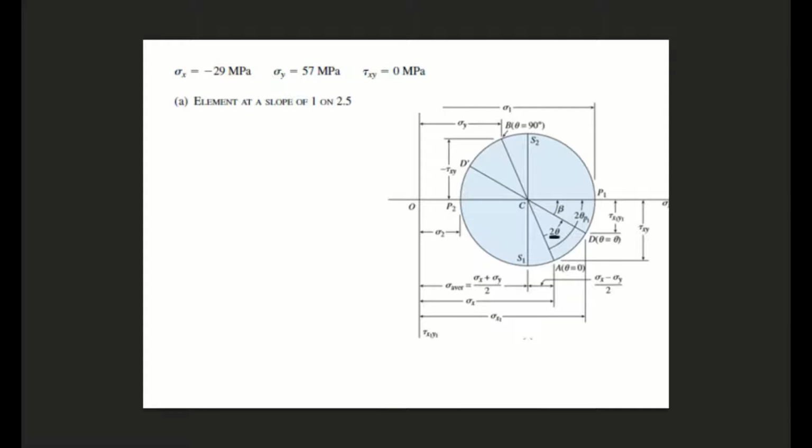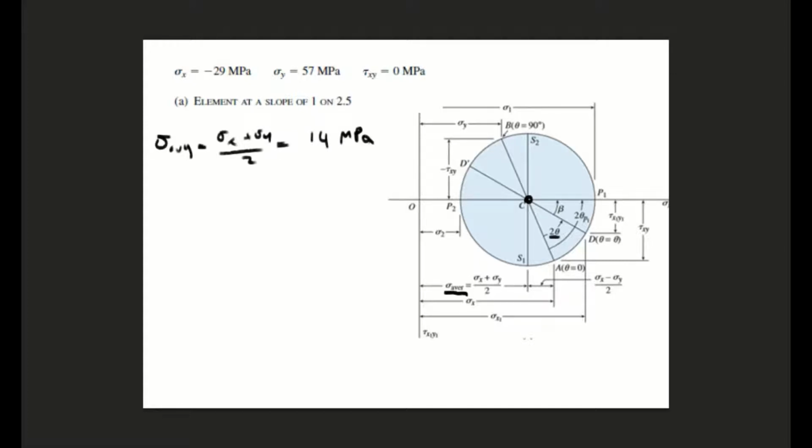If we go forward, the average stress is where the center of the circle is, so that's sigma x plus sigma y over 2, which ends up equaling 14 megapascals.